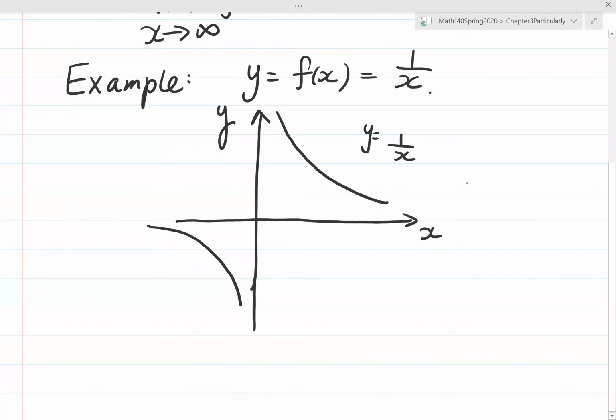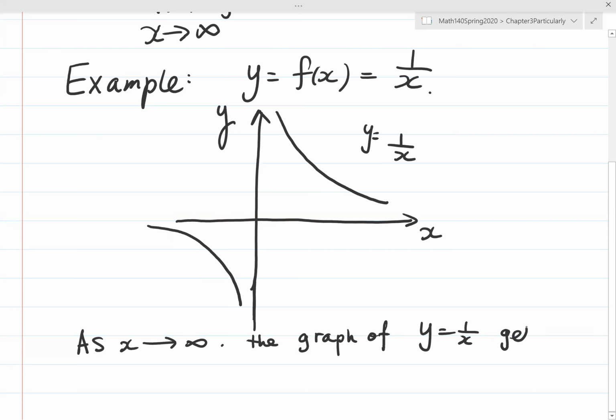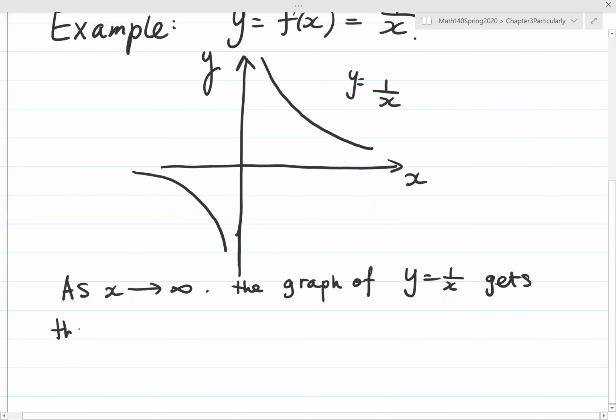Then you see, as x approaches infinity, the graph of y equals f(x), 1 over x, gets arbitrarily close to the x-axis.